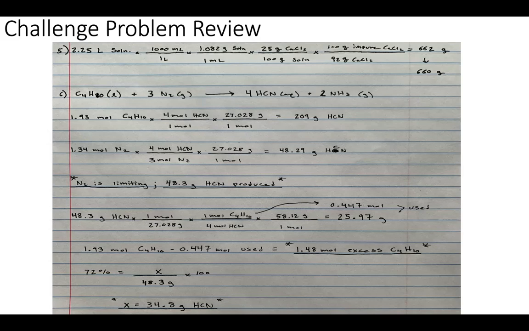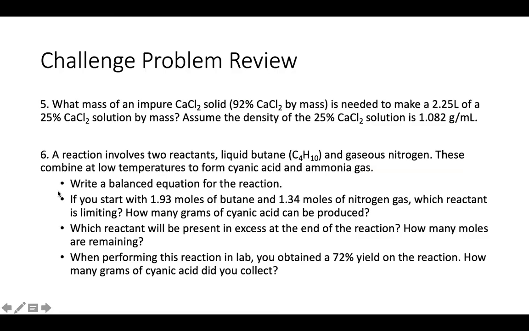What I would say, and it would be more clear on an exam, and I'm going to again go back to the question, is they say it's 92% calcium chloride by mass, and that's the impure solid. And then they also say that it's 25% calcium chloride solution.